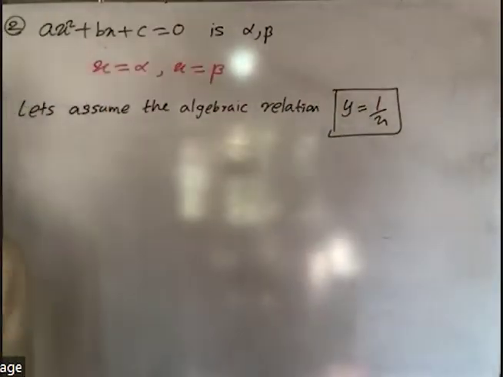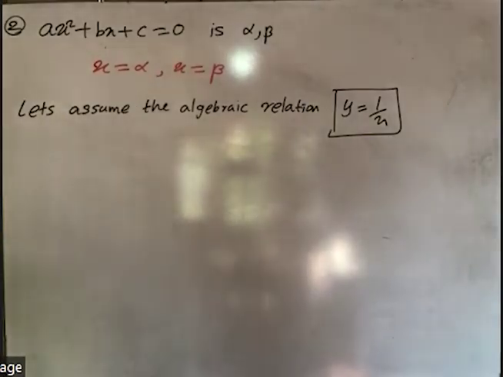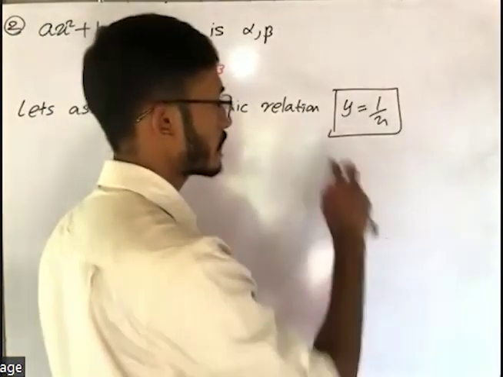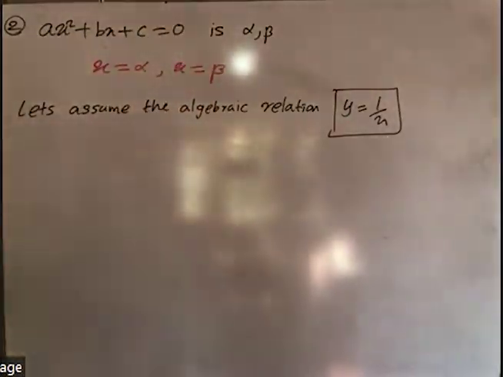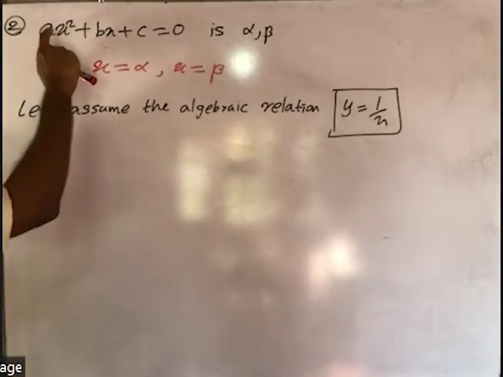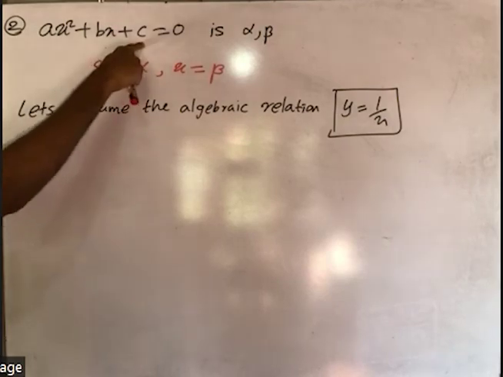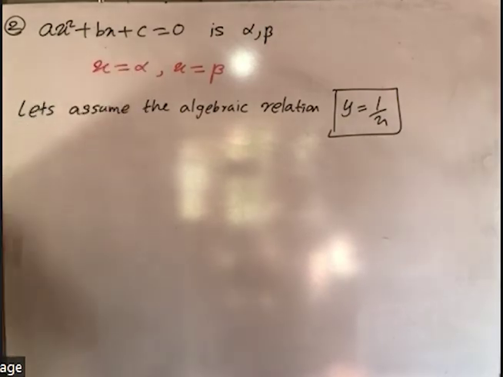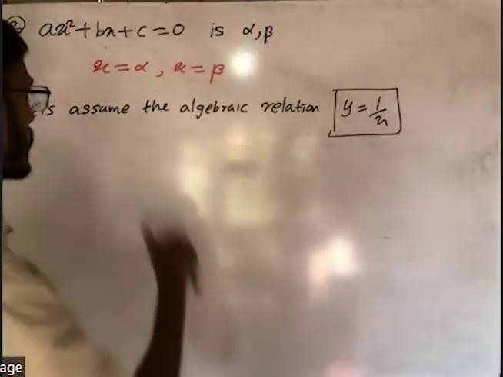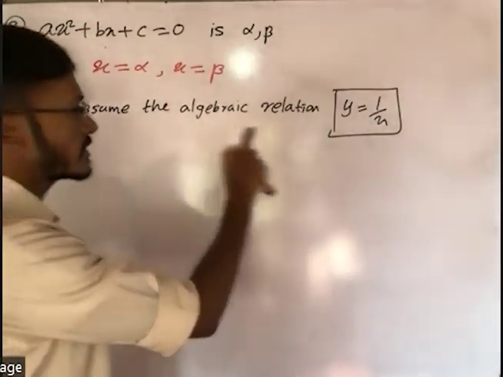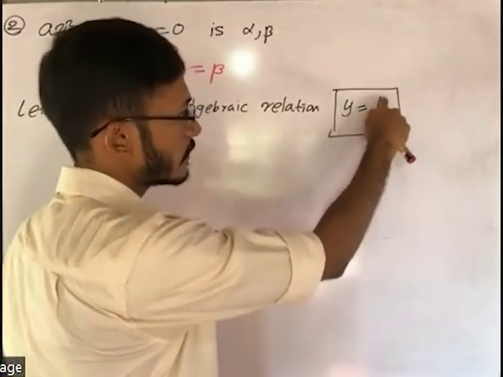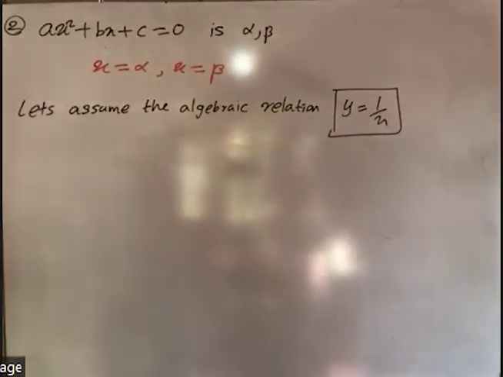So I am going to convert the x value to a y value. That means I am going to convert the variable of this equation. Here the variable of this equation is x; a, b, c are constants. Now I am going to use the relation y equal to 1 over x.